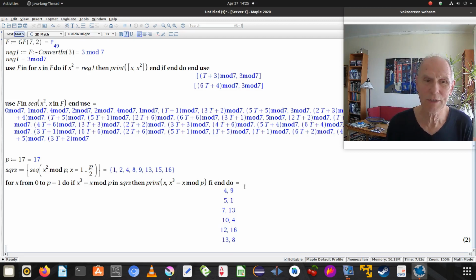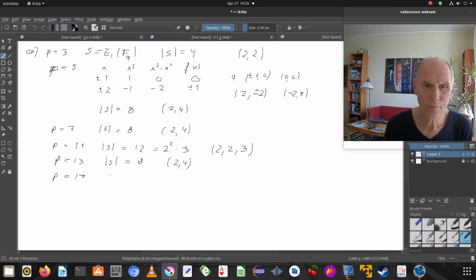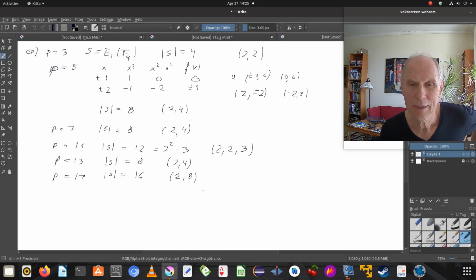That's 12 points, and then the 4 of order 2, that's 16. And when we only have 4 points, it must be 2.8, the type. That means we have 2 points of order 4. 4 of order 4.